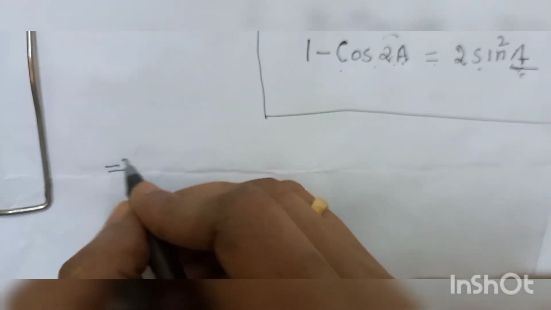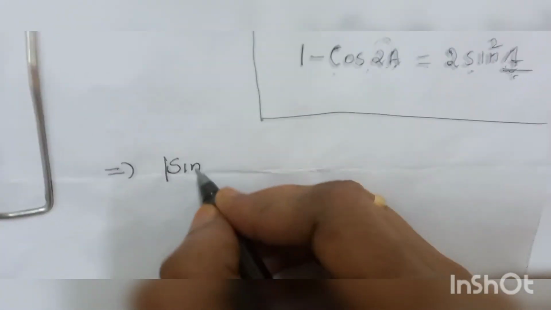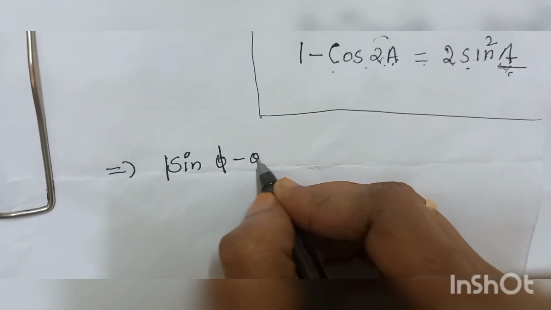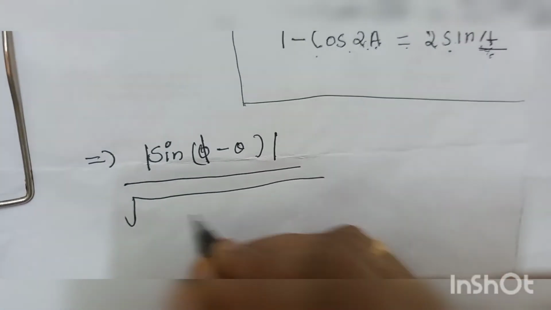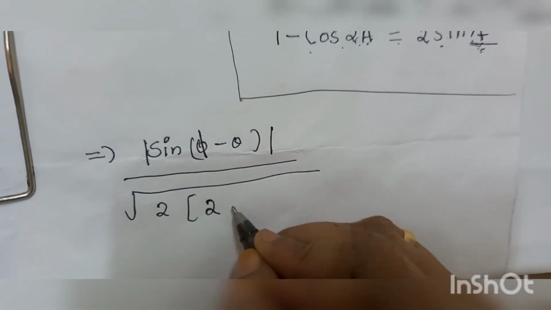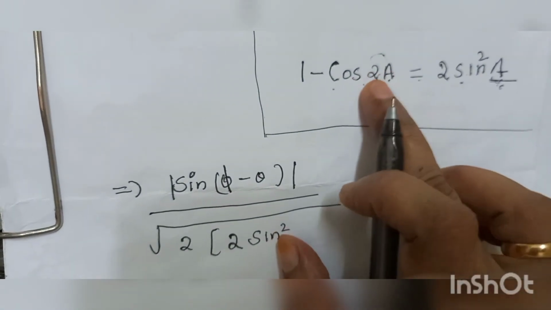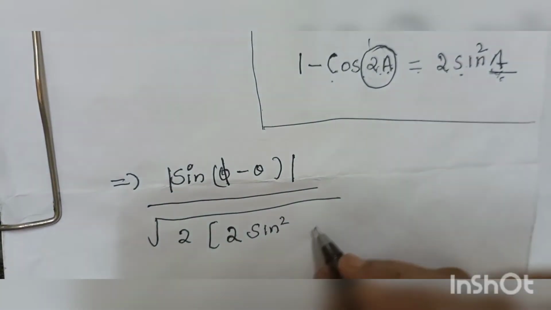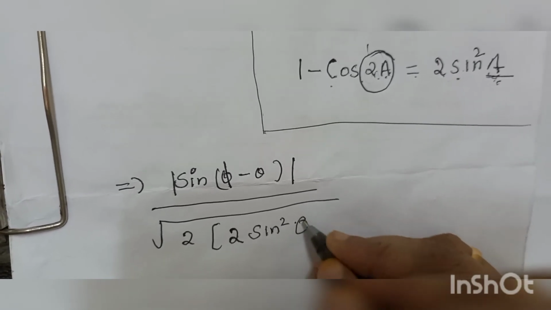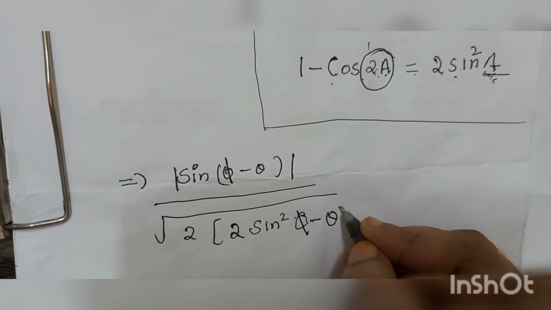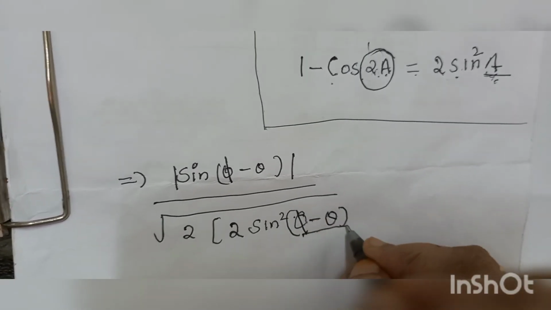So let's write our question. We get modulus of sin (phi minus theta) whole divided by root of 2 times 2 sin square (phi minus theta) by 2, isn't it?